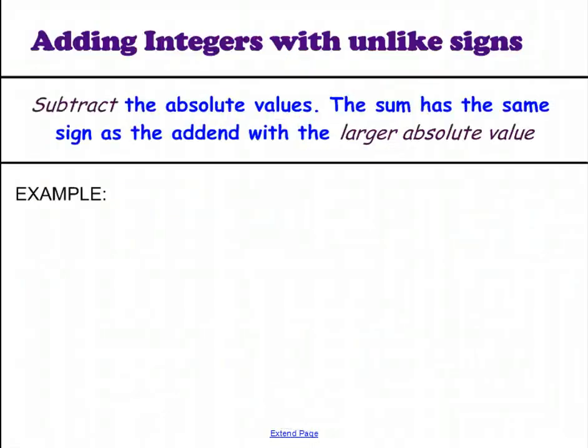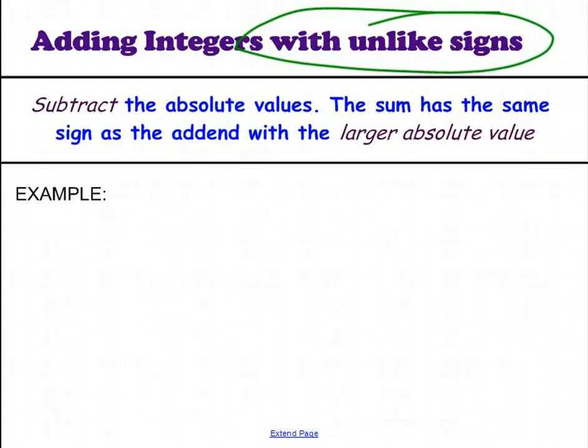So when we're adding together integers with unlike signs, you're going to subtract the absolute values. And then the sum has the same sign as the addend with a larger absolute value. And this is because one number represents a jump in the positive direction, one number represents a jump in the negative direction. And by adding the integers with unlike signs, we are taking away some of our movements.